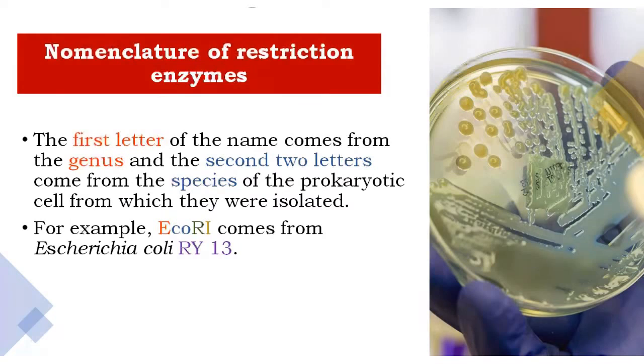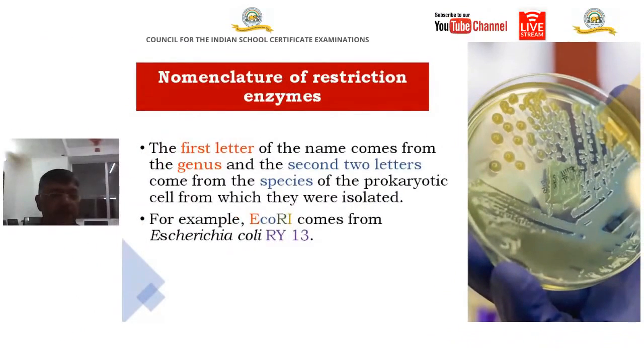So the first letter comes from the genus. Then the next two letters, as you can see here, CO, stand for the first two alphabets of the species name, coli. So ECO: E for Escherichia, co for coli, Escherichia coli.